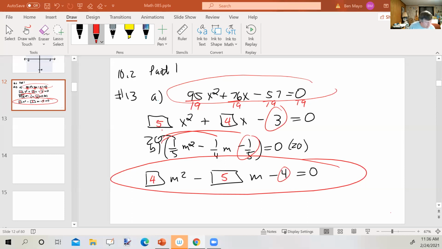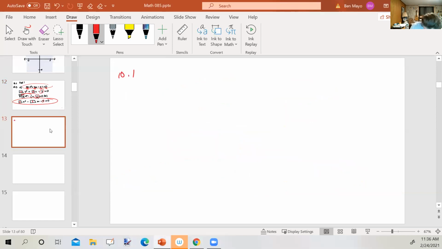Somehow I feel like I got the wrong one. No, that's correct. Okay. 12 and 13. Huh. Oh, okay. Now I understand why I'm confused. We just did something from 10.2 part 1, and this goes back a couple of days, 10.1. Okay, which is fine. We'll do them, but I couldn't understand why it wasn't lining up.